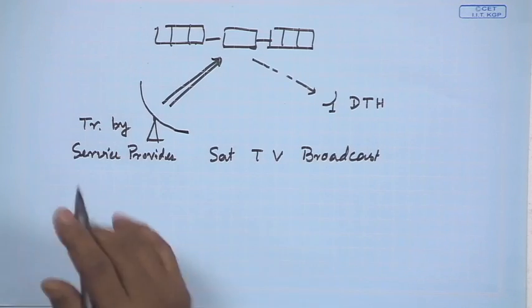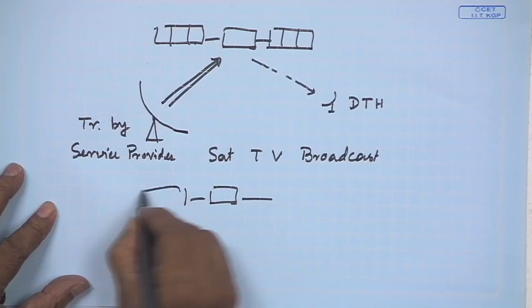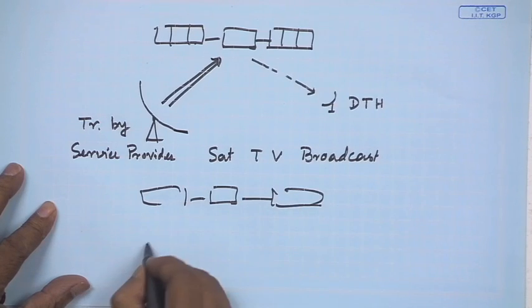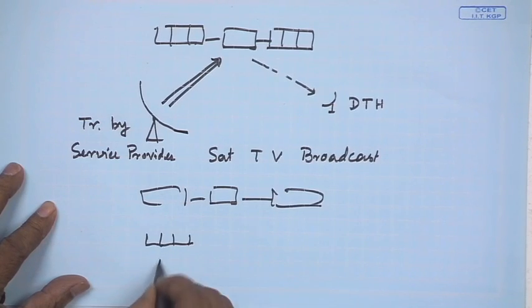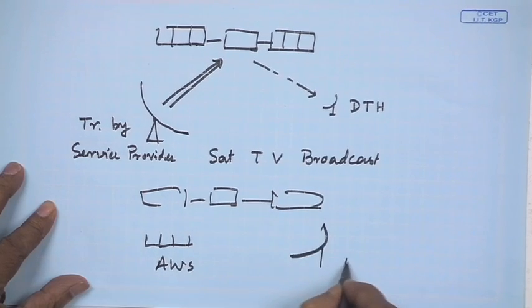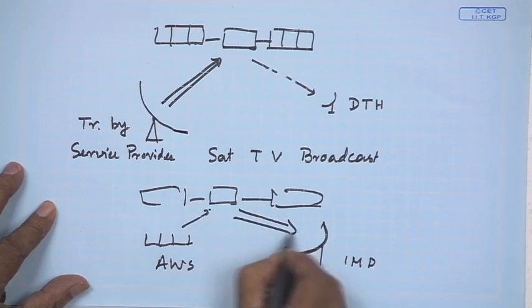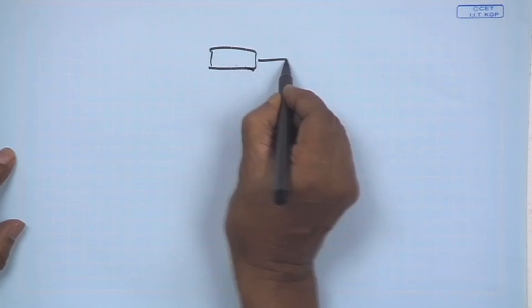The completely reverse example could be, there is a satellite and you have an automatic weather station and you have a large antenna by India Meteorological Department. The uplink is thin and downlink is fat. There could be other examples where VSAT ATM networks are there. Let me draw that picture before closing.